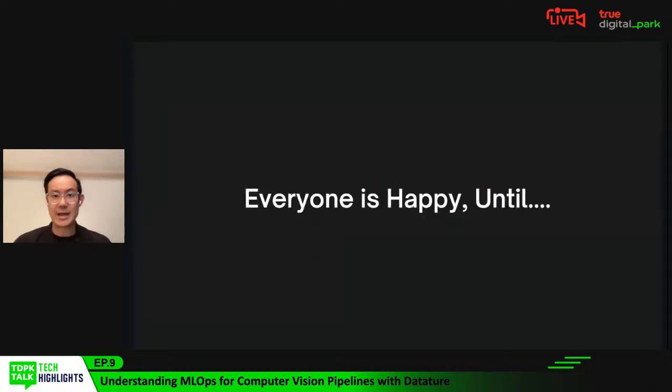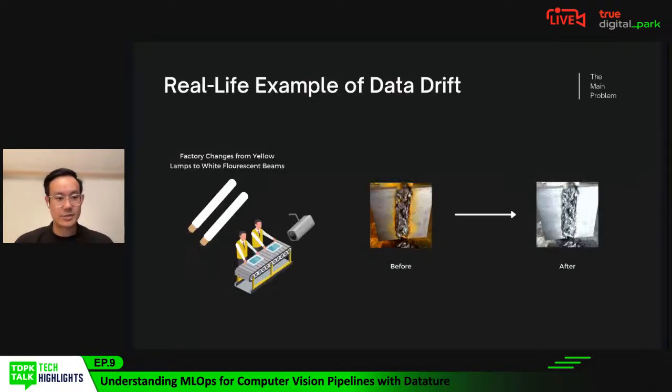However, everyone's happy with the system until one day this particular factory changes its lights from yellow lamps to white lamps. Just changing a simple light above the factory floor to a different hue shows the following change in the data. One is pretty much yellow, yellow-saturated data. And then another one is a bit more silvery.